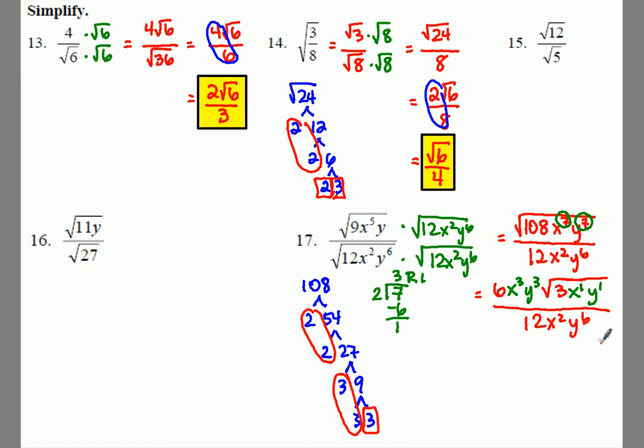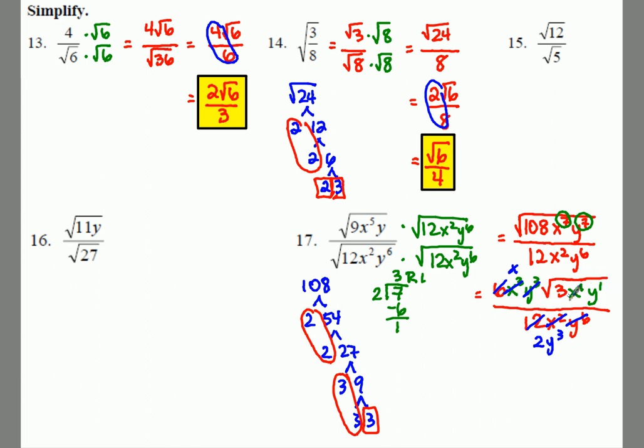So we can simplify, finally, this will be our last step, your 6 and your 12. Well, that becomes a 1, this becomes a 2. You have 2 x's on bottom, you have 3 on top, so that becomes an x. You have 6 y's on bottom and 3 on top, so you have y cubed on the bottom.